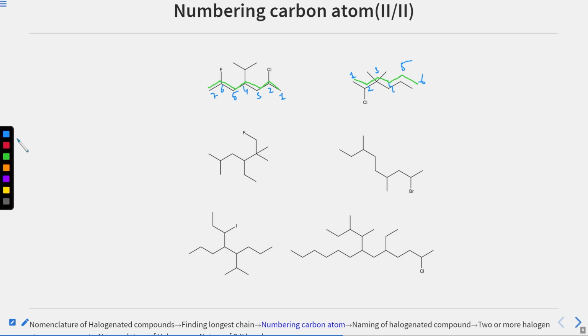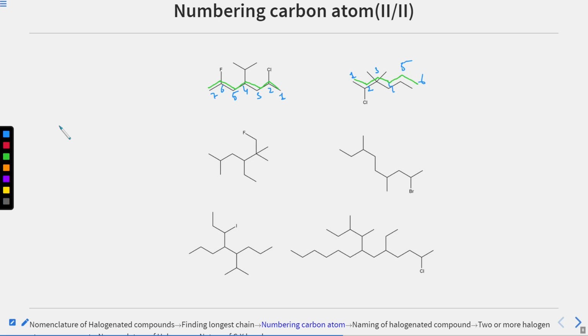Now one more thing, that if any other substituent is also present and that is at the smaller place, then we will do counting according to that. So it is a general rule that we will do counting from that side where substituents come first. Okay, so it is not only for halogen, it is for any substituent. So suppose any substituent is coming at number 1 and the chlorine is at number 2 from the other side, then we will take the number 1 side where the substituent occurs first.